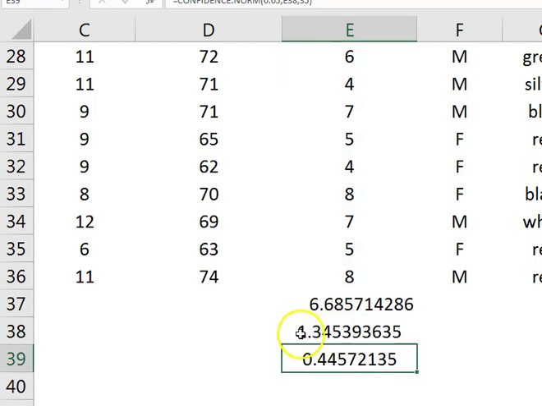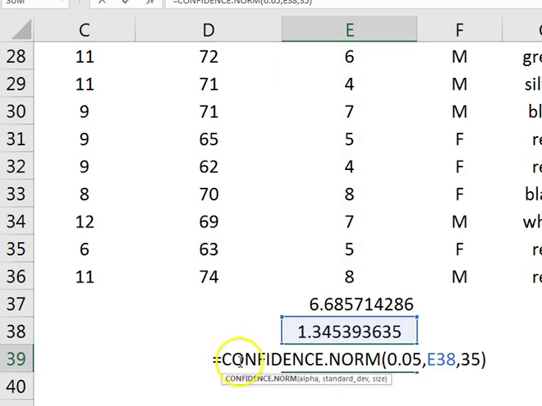You get the standard deviation of your sample, and then Excel has a nice built-in formula that will tell you what that maximum error is. You need to type in your confidence level. If we're 95% confident that our interval will contain the population mean, it means there's a 5% chance that it won't.